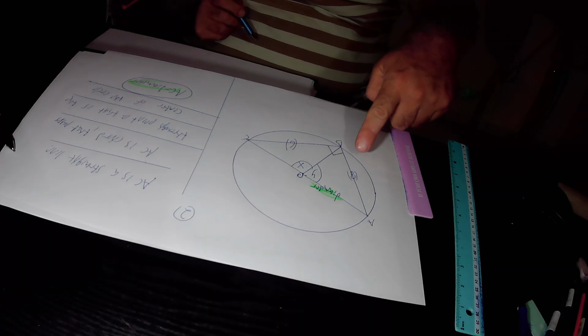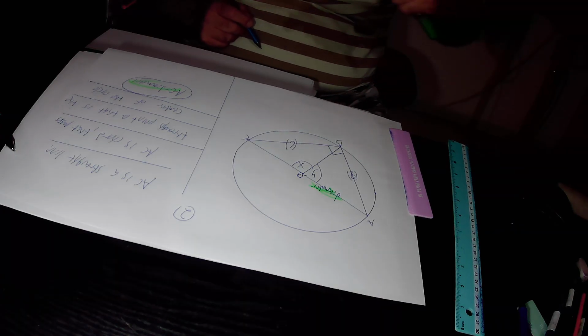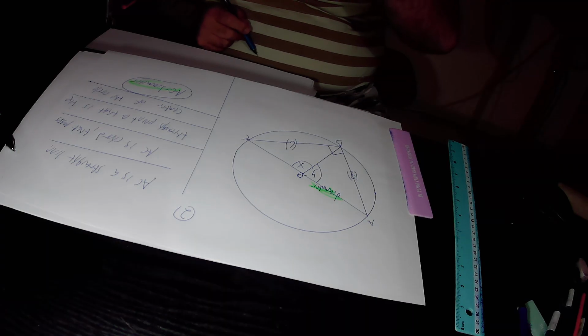Side AB equals 8 units in its length, side BC equals 6 units in its length according to our construction, and AC is the diameter of the circle.